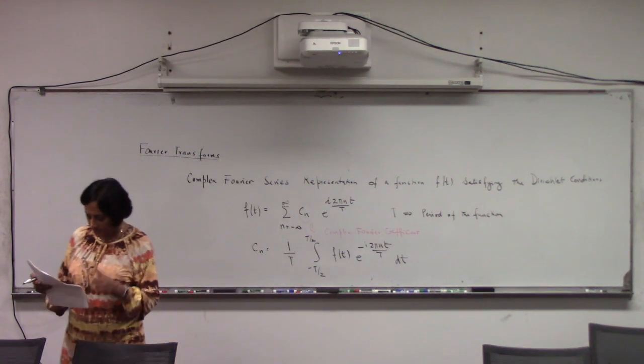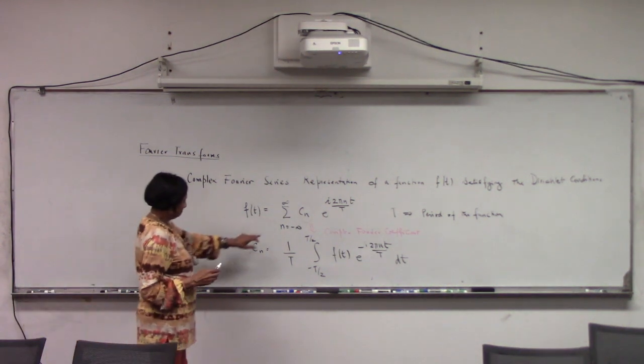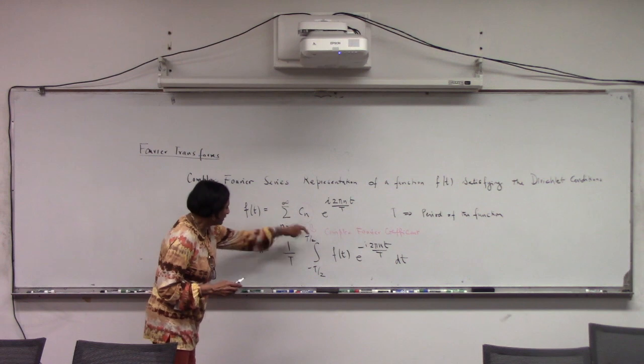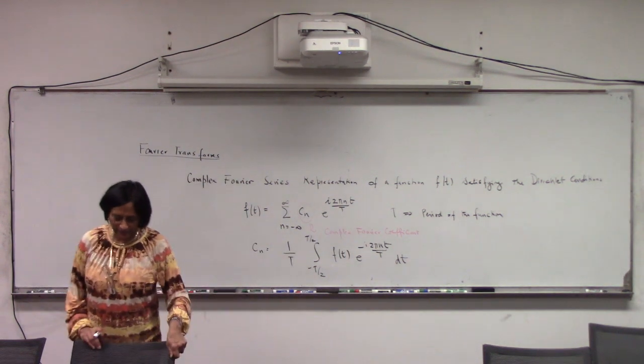If you express it in terms of the complex form, we have to calculate only one coefficient, and of course Cn will be complex. Okay, but whatever you get.